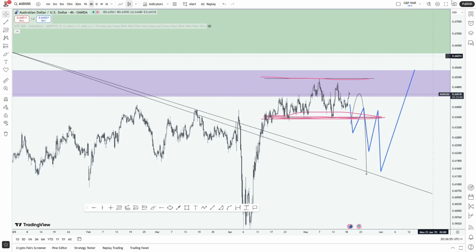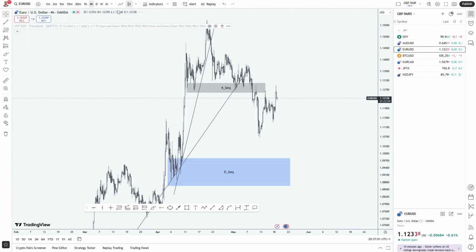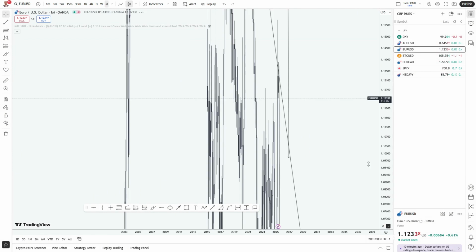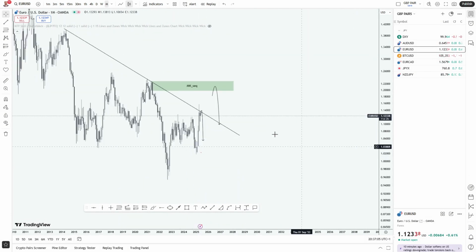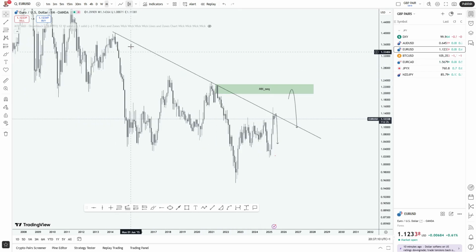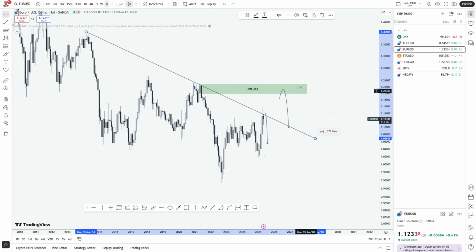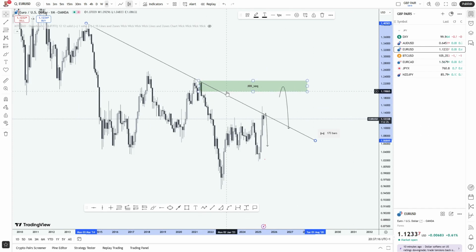All right, so now we go to the next chart, which is the Euro USD. So the same thing applies to the Euro USD also. We start from the monthly also. Okay, the monthly is bearish, because this trend line has not been eliminated, and this zone has also not been eliminated.